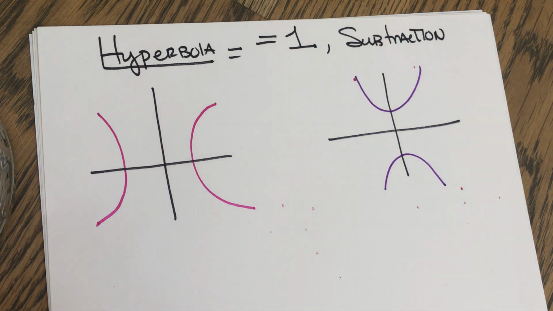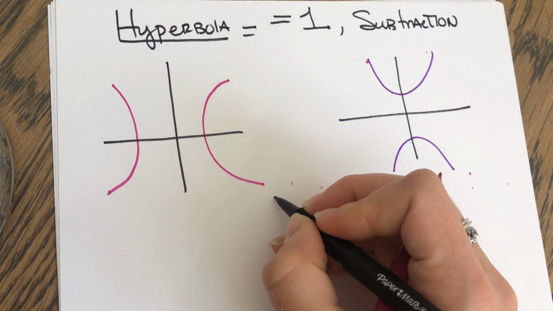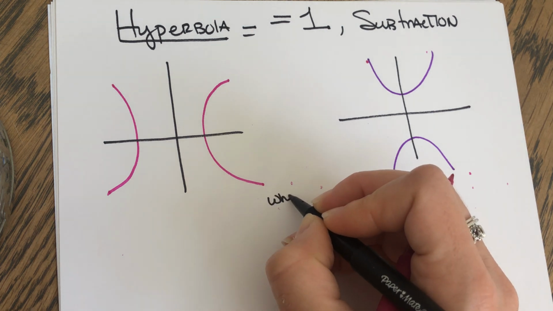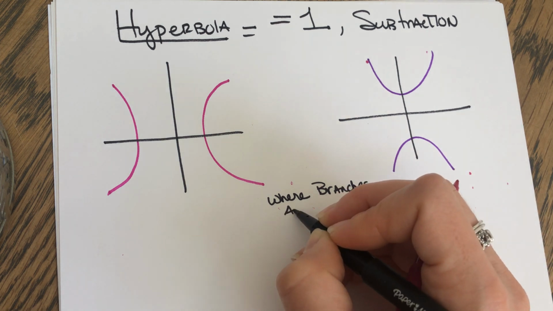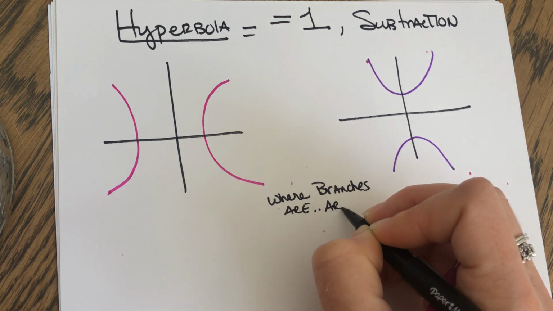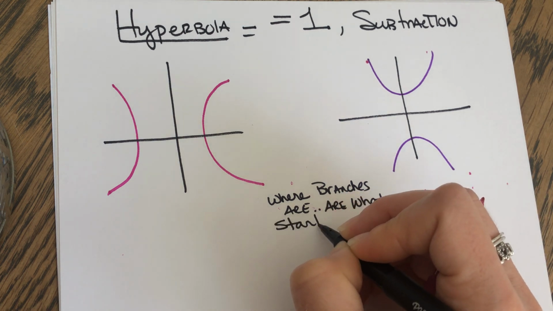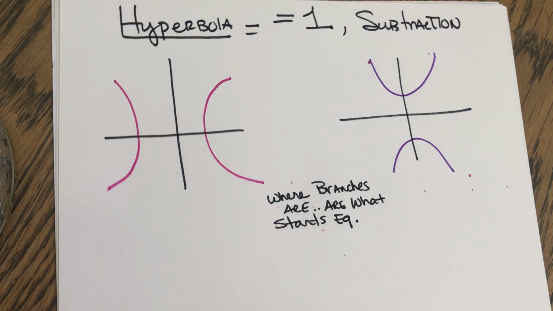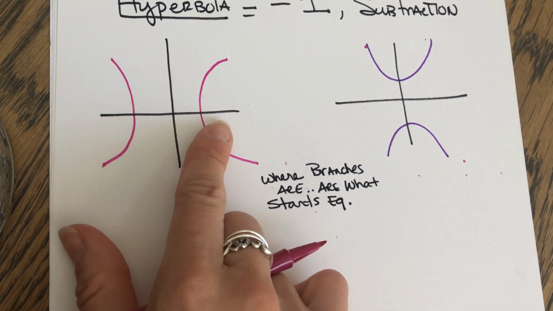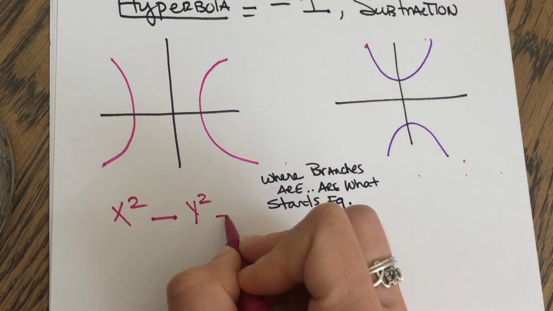Now, careful, what changes for the hyperbola are where the x squared and y squared go. So we can jot ourselves a little note: where the branches are, or what starts your equation. In this case, since your branches are on your x, we are going x squared minus y squared equals 1.